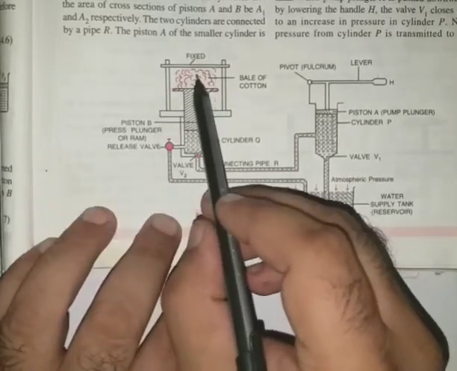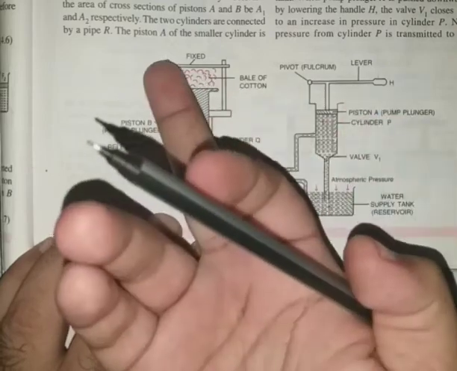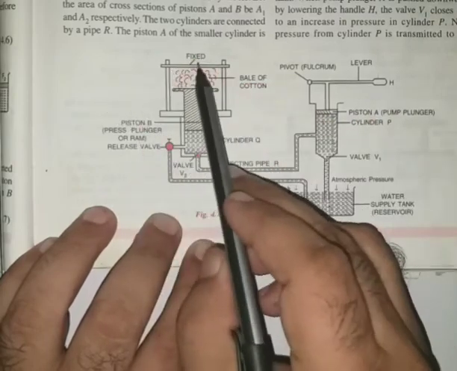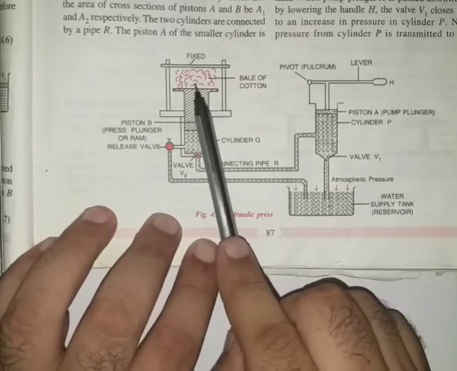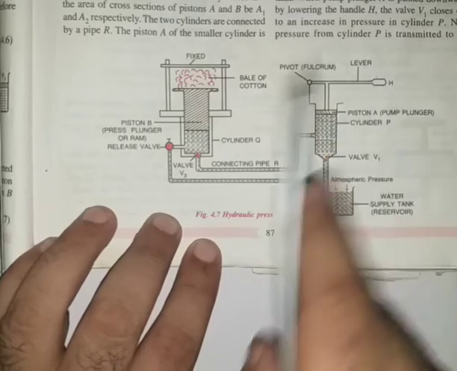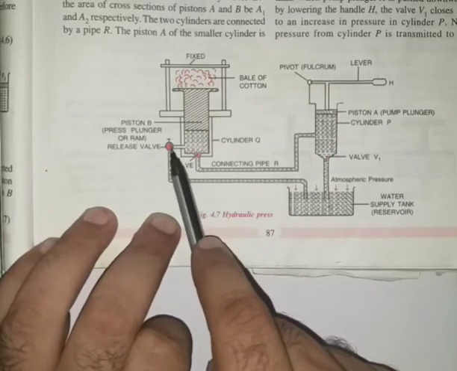If something is kept here, in this case a bale of cotton, then since the upper place is fixed, it will be pressed against this fixed wall, so it will get pressed. So this is the concept of this. Now if this is released, the liquid filled in this can be moved out by opening this release valve.